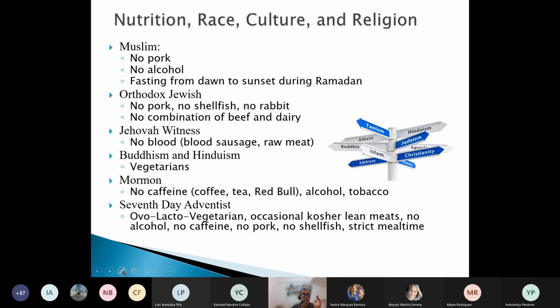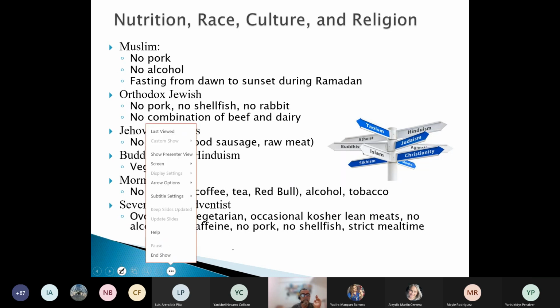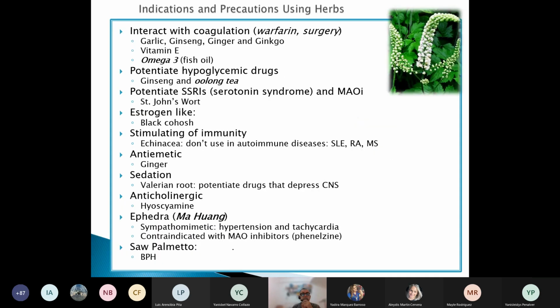So please be knowledgeable, especially the Jewish and Muslim that are the most frequently tested.